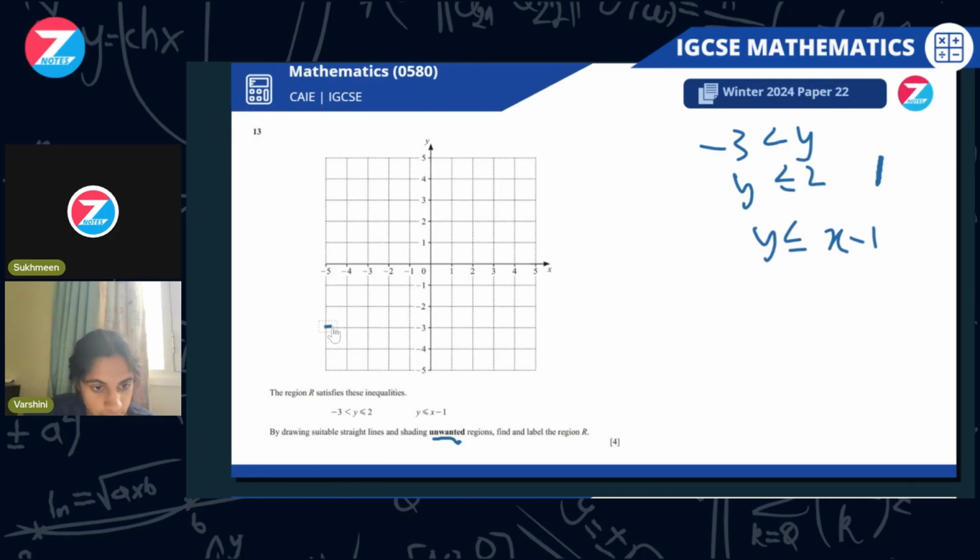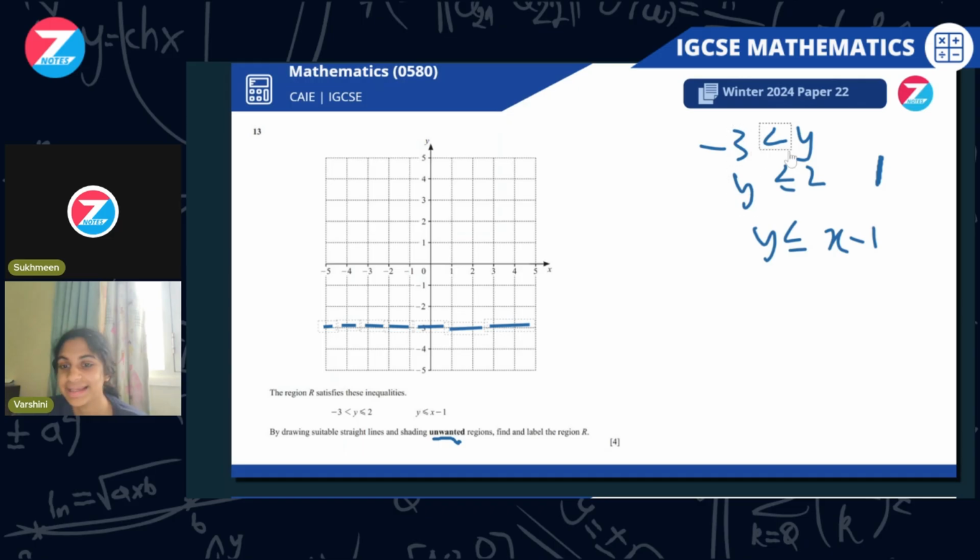Oh, sorry, it is going to be a dotted line, my bad. And remember to use a ruler when you're doing this, and make sure it's exactly along the line. Mine is not perfect, but make sure you're using a ruler.